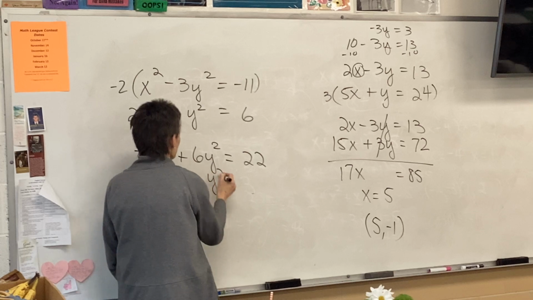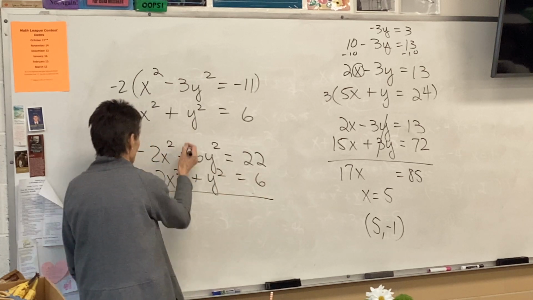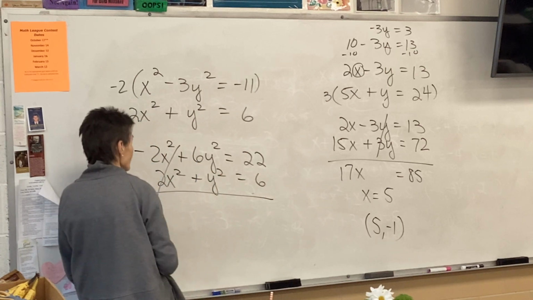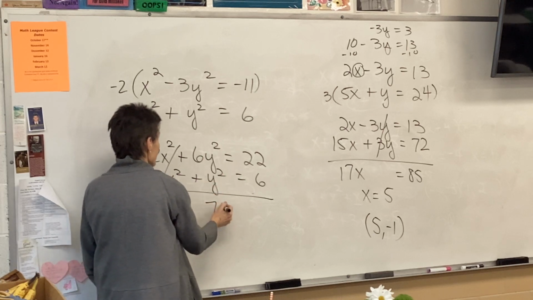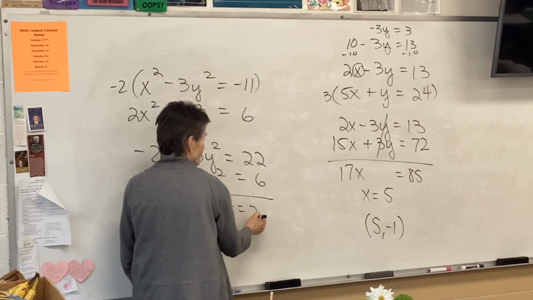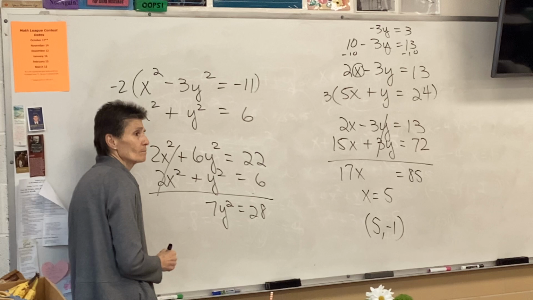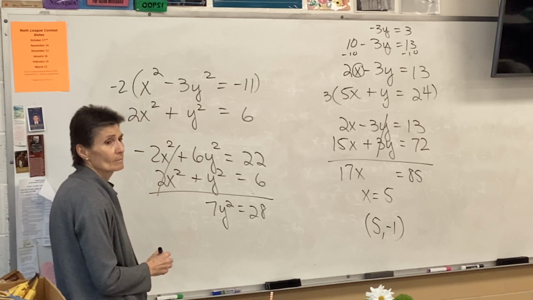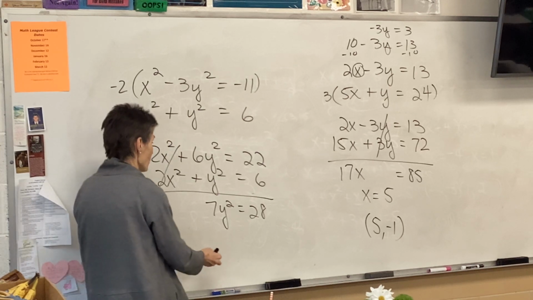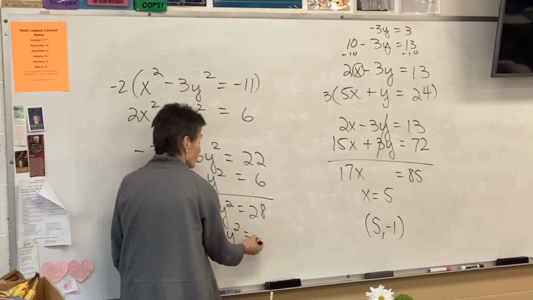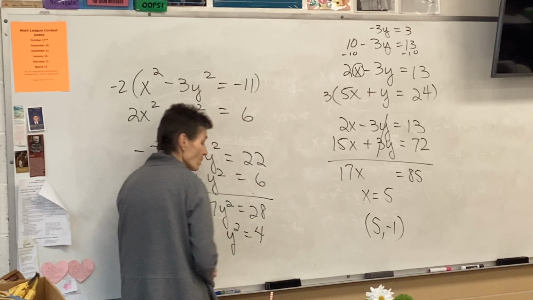And then adding that, so your x's cancel. We're adding, so we have 7y squared equals 28. So y squared equals 4.